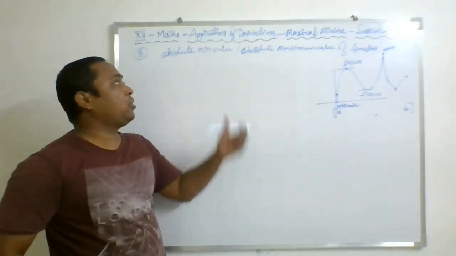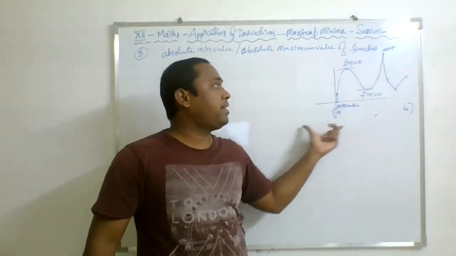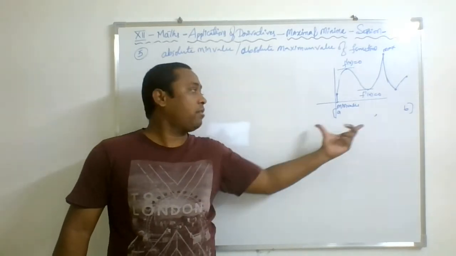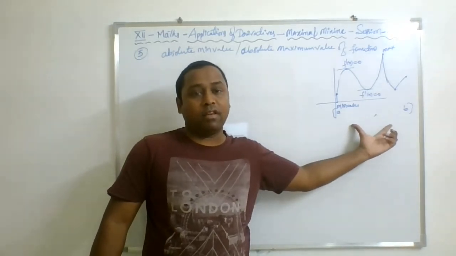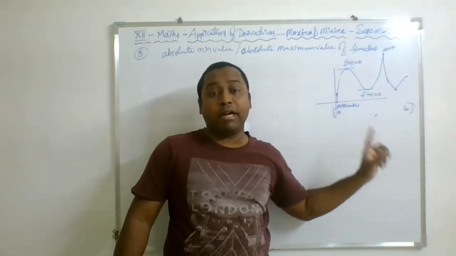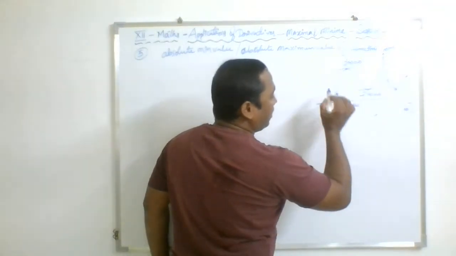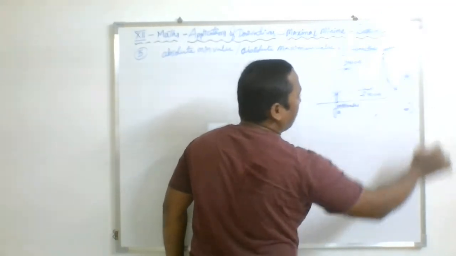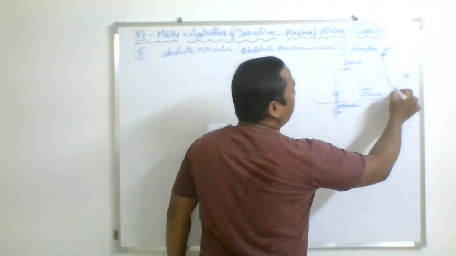So whenever an absolute maximum, absolute minimum question is asked, it means the entire graph is dealing within the closed interval, within the given limits, where A is included and B is also included. When these two points are included within the closed interval, at this turning point you cannot construct the tangent, at this end point also we cannot construct the tangent, and even when the graph takes a sharp turn we cannot construct the tangent.